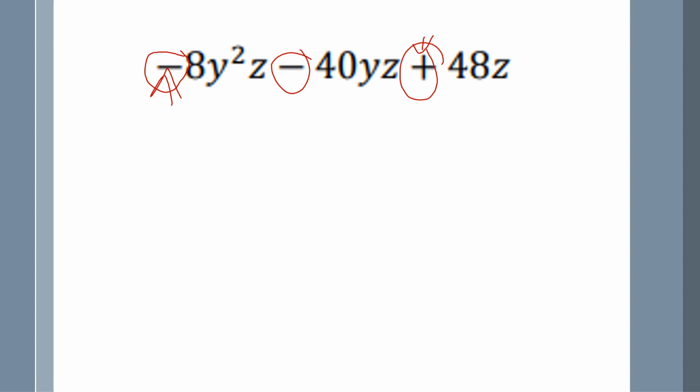I'm going to write this with my fat marker. We know we have a negative 8. We know we have a negative 40. And we know we have a positive 48.